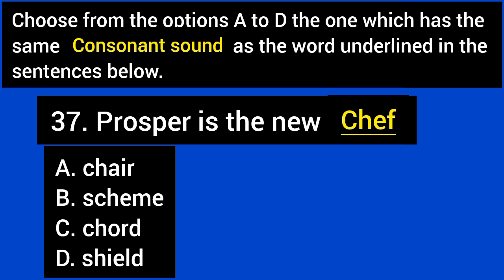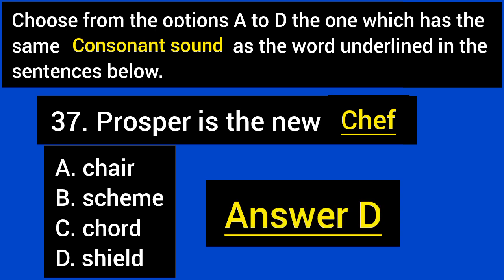It can't be our answer either. Now let us go into our last answer, which is shield. So we have chef, shield. The same consonant sound, we have sh and sh. Chef, shield.